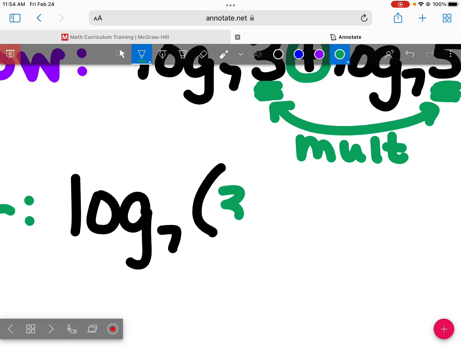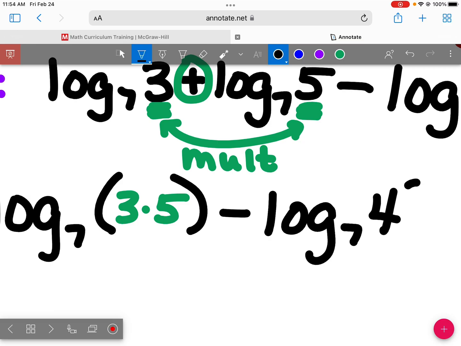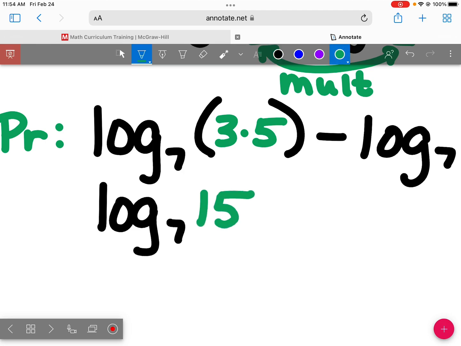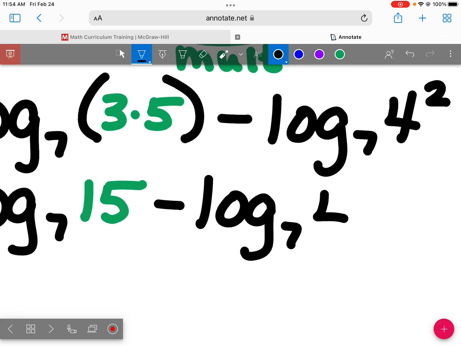We are multiplying them. What do I get when I do 3 times 5? 15. All right, so I'm going to write that down. Log base 7 of 15 minus log base 7 of 4 squared.